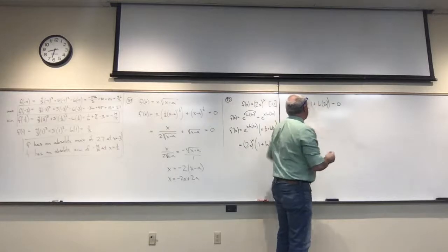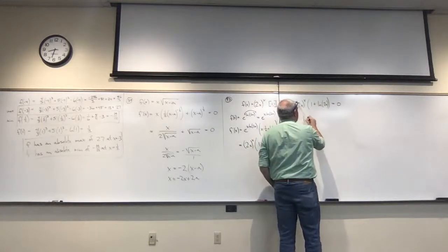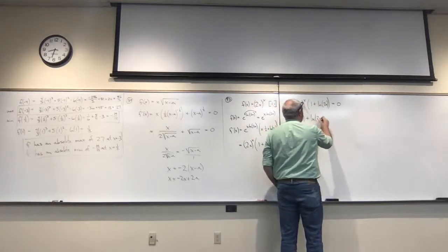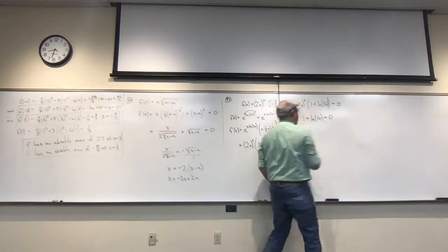This might be 0. So now I just need to say, is 1 plus ln of 2x ever 0?